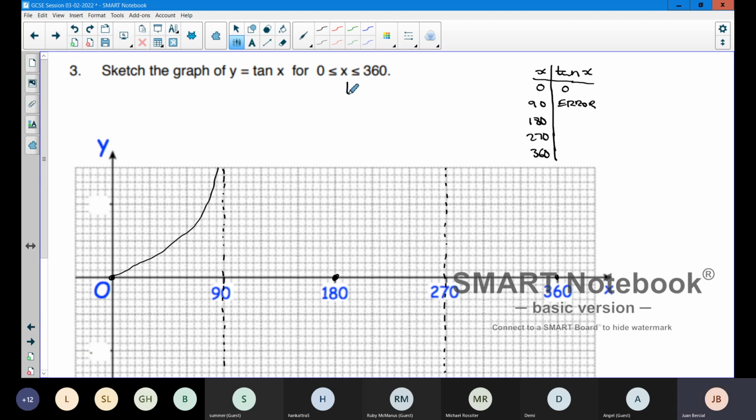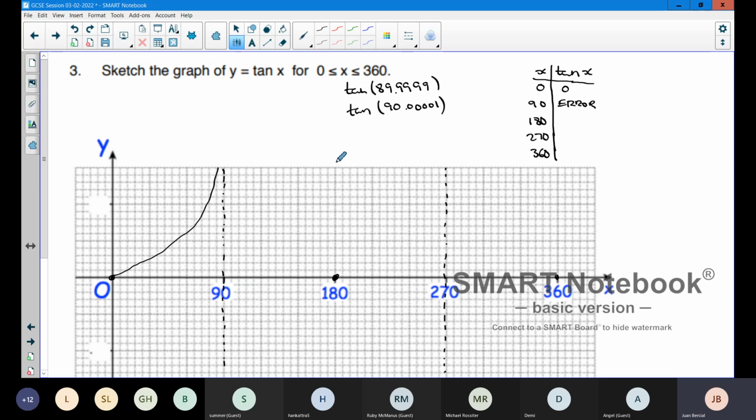You can, for example, check what happens to the tan of, say, 89.999. You can check that in your calculator, and you can see what happens to the tan of 90 in, say, 0. So what happens very close to the left, 89 point something, and what happens to the right of 90.